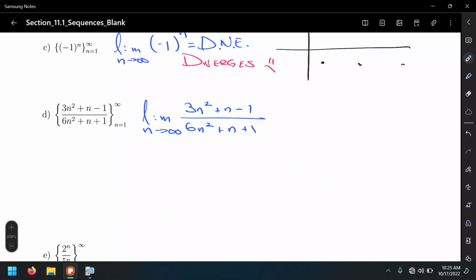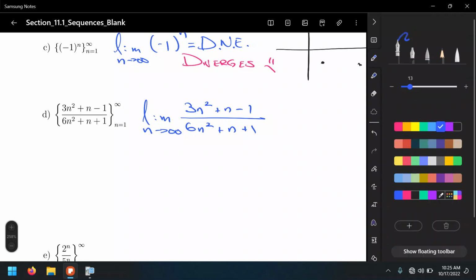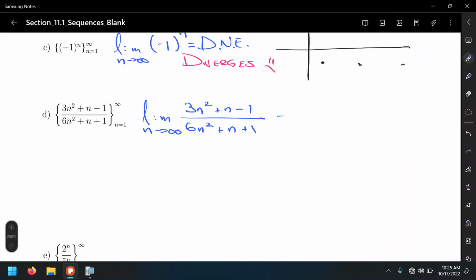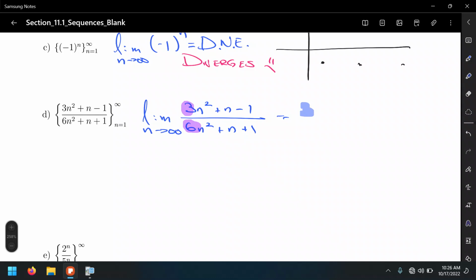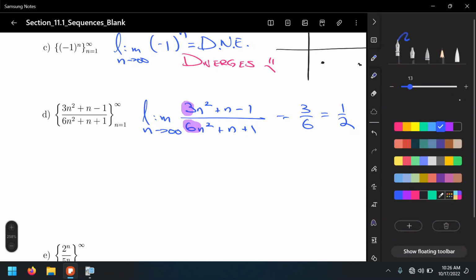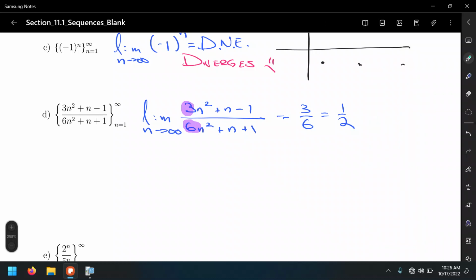But when the degrees match, all you have to do is go with the ratio of the leading coefficients, and that's going to be our limit, 3 over 6, which reduces to 1/2. So in this case, the sequence converges. It converges to 1/2.